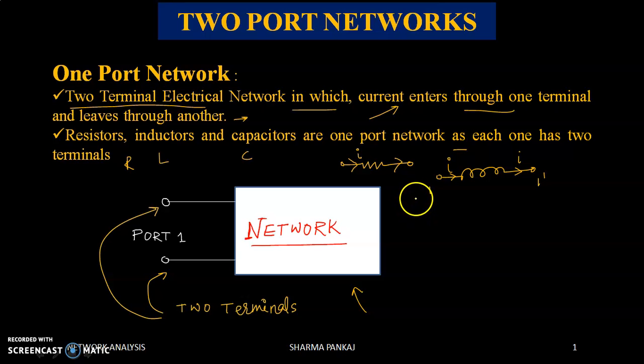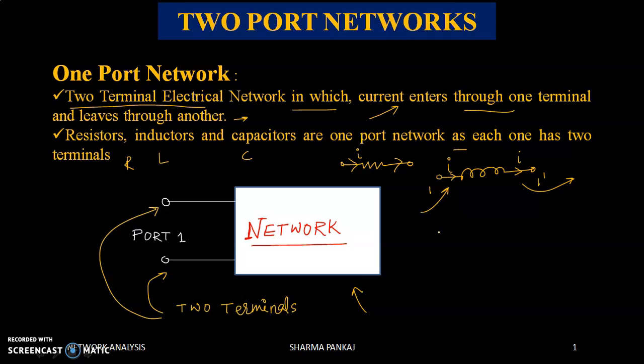As per the definition, an inductor is a one-port network which has two terminals in which current enters through one terminal and leaves through the other one. It is visible here, and the same is applicable for the capacitor. There is no exception for the capacitor.